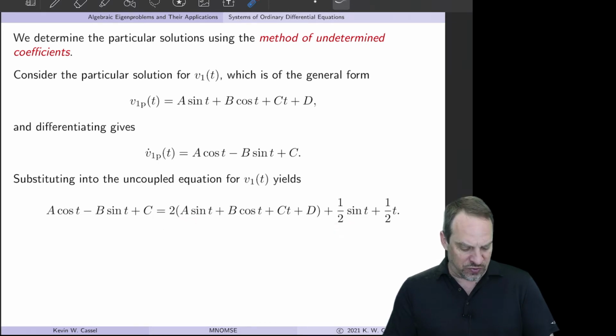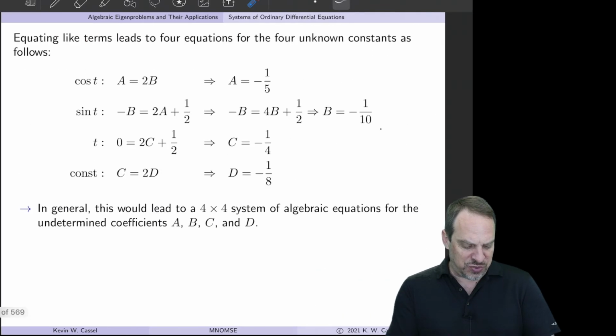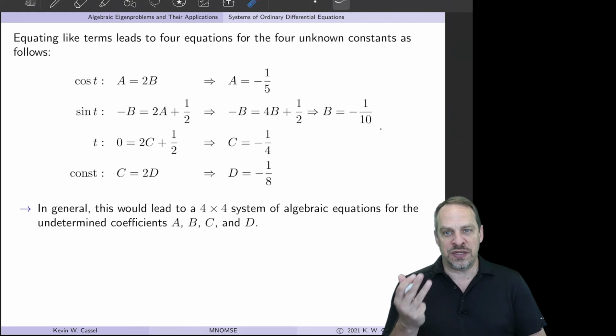Then for my t terms, there are no t terms on the left. There's a 2ct term here plus 1/2 t here. And then finally, my constant terms: on the left, I have a c, I have a 2d, and that's it. So that gives me my 4 equations for the 4 unknowns a, b, c, and d.